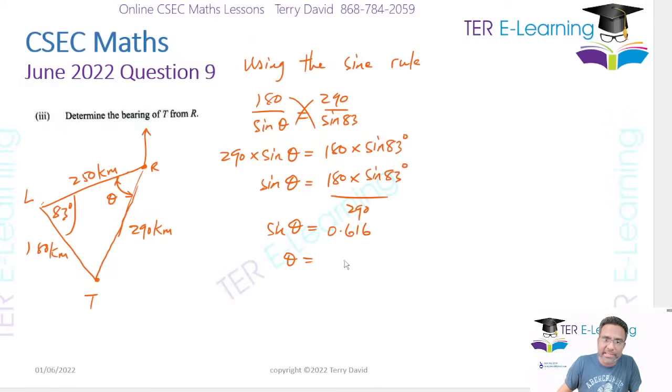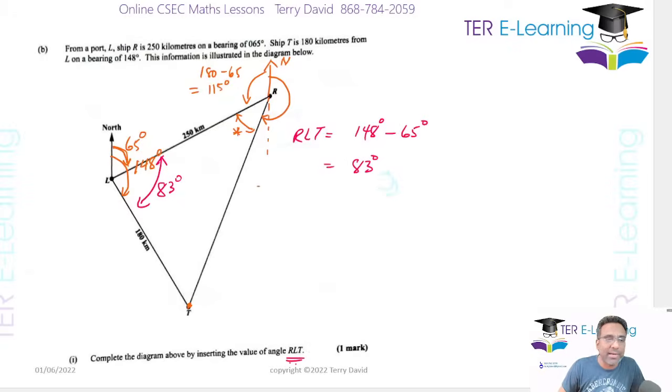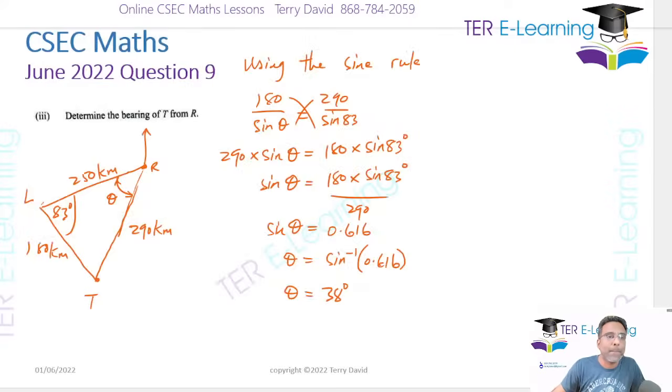So theta is equal to arc sine 0.616. Right? So theta is equal to second function sine, and you're going to get about 38 degrees. Right? So that's that angle there. That's 38 degrees. And previously we worked out that this angle here is 115. Right?